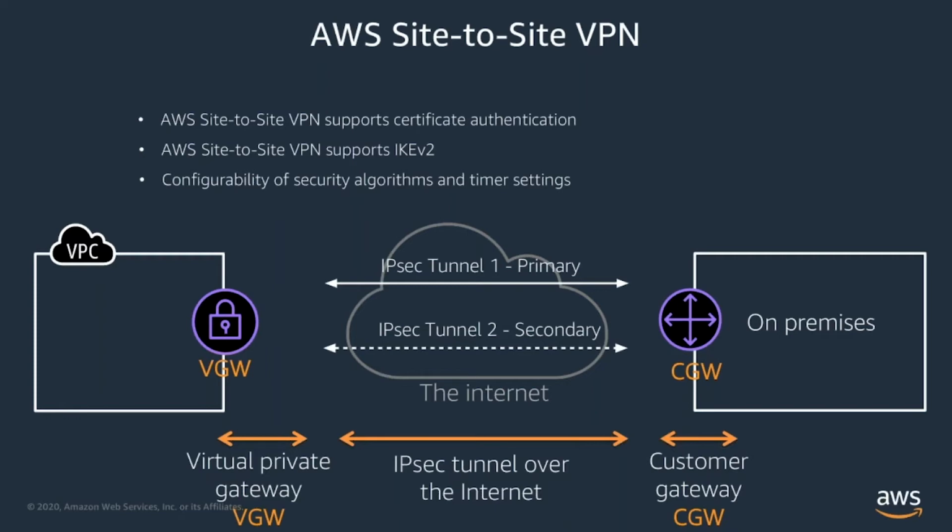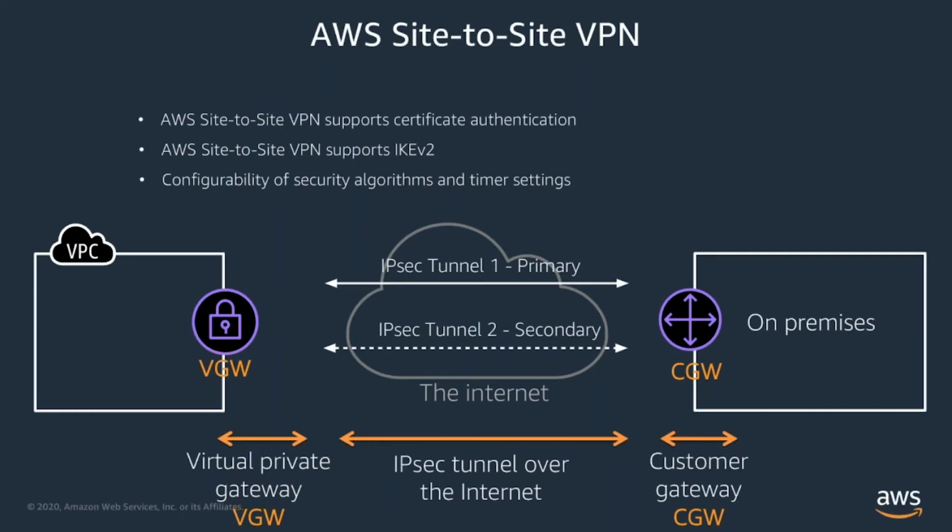Right? You start with a customer gateway or CGW. This is basically your VPN device or firewall on your end, like a Cisco, Palo Alto, or FortiGate, any vendor that you use. And on the AWS end, the VPN gateway is called VGW, which is a virtual private gateway. And you negotiate and establish an IPsec tunnel between the CGW and the VGW.